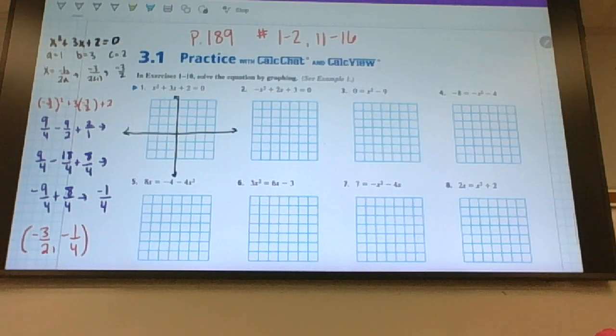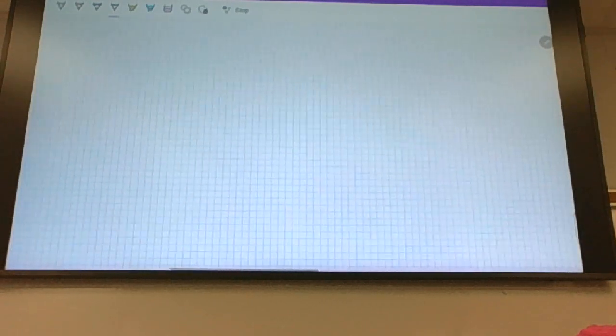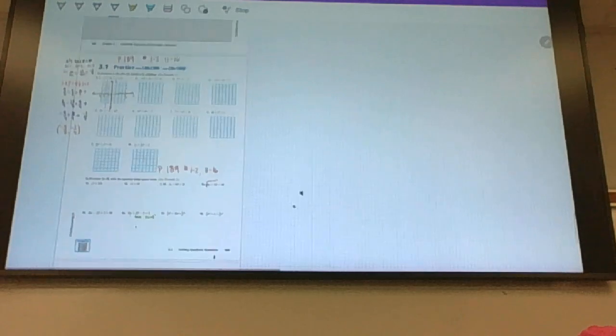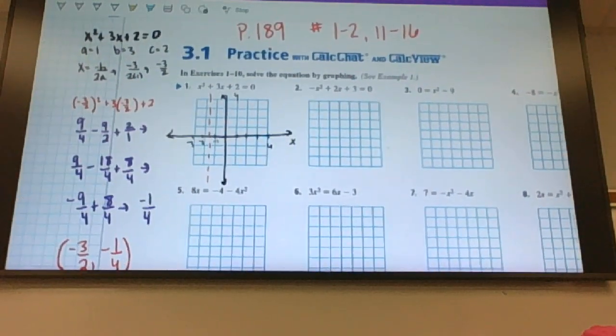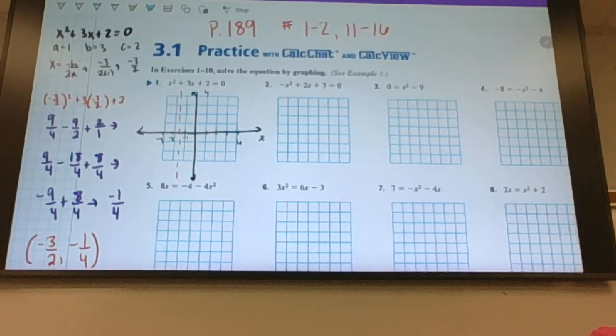So we have a dashed line at 1.5. Where'd it go? Moving back. And then we have a whole dot at a weird area, -0.25.